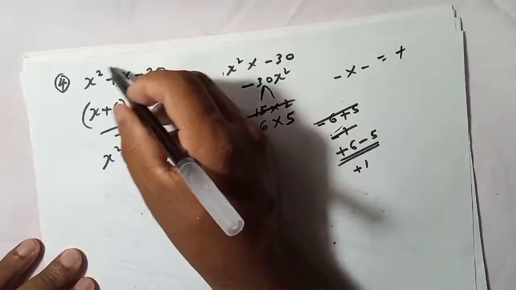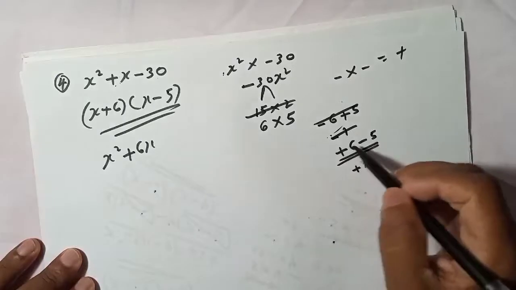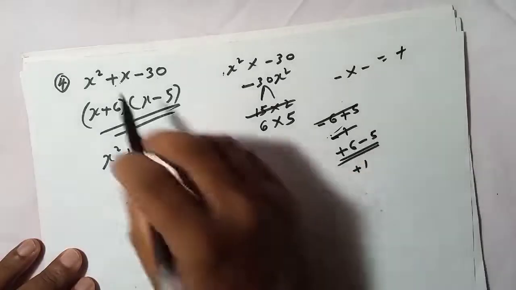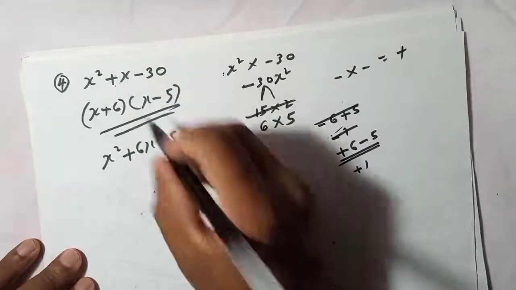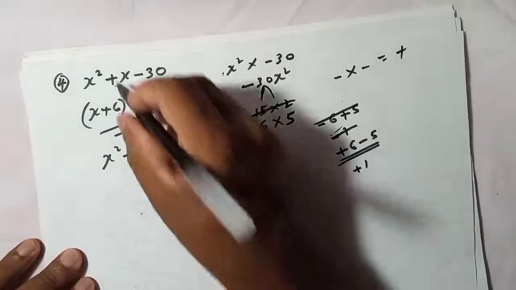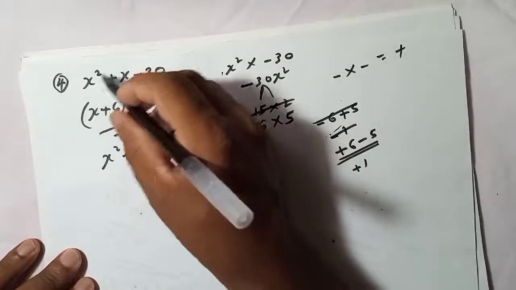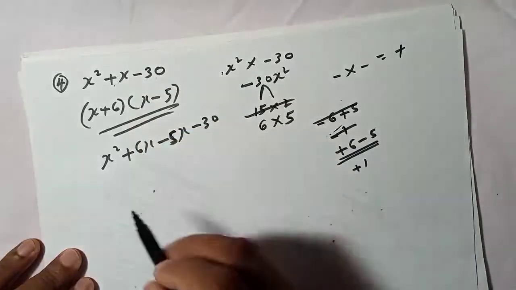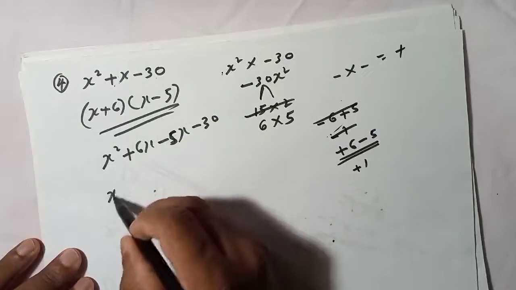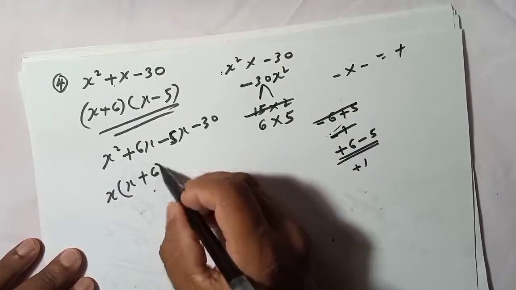X square, I will replace it with plus 6x, because here we get plus 6 and minus 5. 6 with this letter, and minus 5x, minus 5 with this letter, and minus 30 is this one and this one, but only for this we write these two numbers with this letter, right? And then for these two the common factor is x, here x remains, here plus 6.